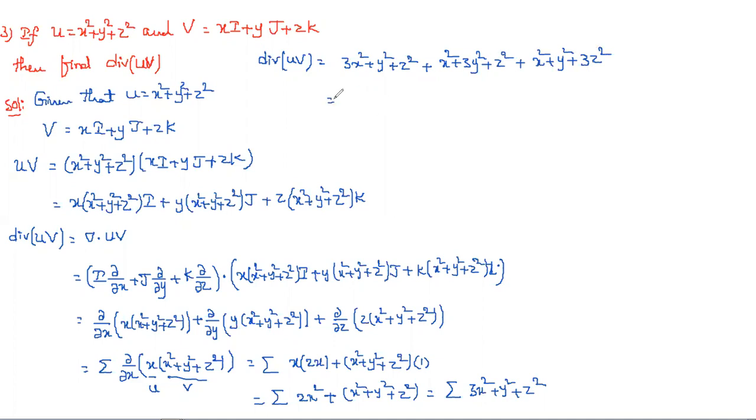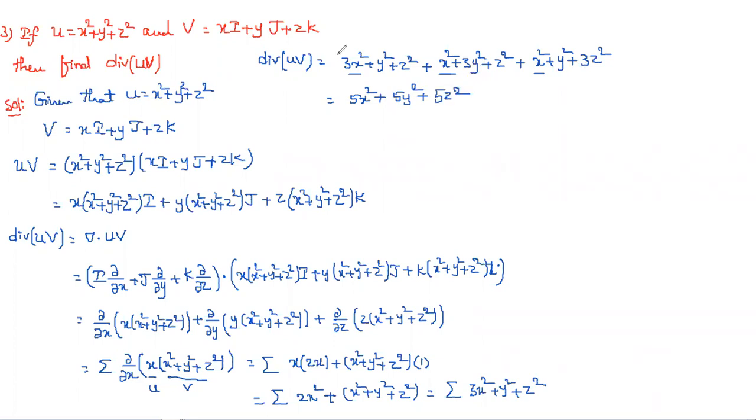If we add all these, we get 3x square plus x square plus x square, which is 5x square. Next, y square plus 3y square plus y square, which is 5y square. And z square plus z square plus 3z square, which is 5z square.